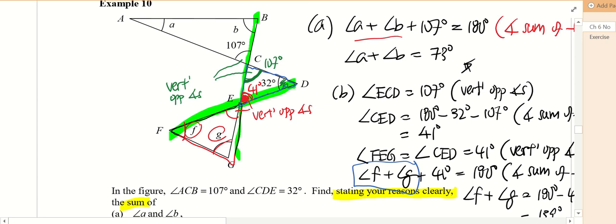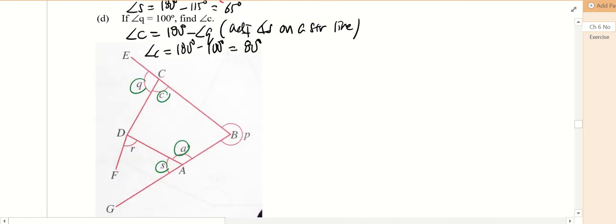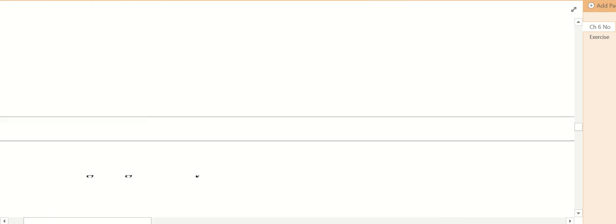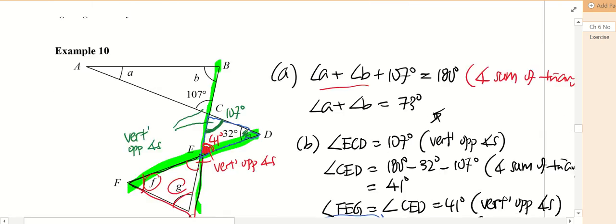If the question did not state and you suspect that they are not straight lines, you can always raise your hand to ask the examiner to clarify whether these lines are straight lines. Otherwise, try not to assume, especially if the diagram is drawn such that it doesn't look like a straight line. Like in this case, CDF doesn't really look like a straight line. So do not assume. You can always clarify by raising your hand.